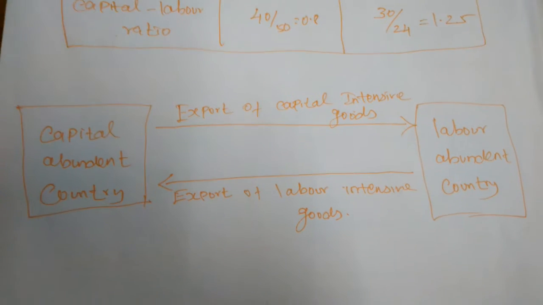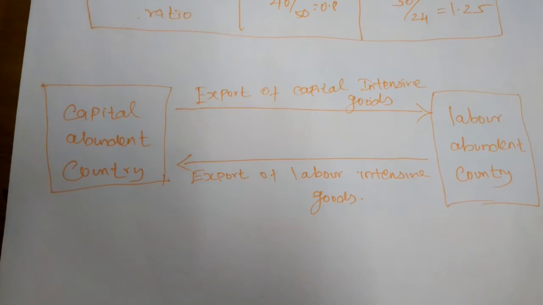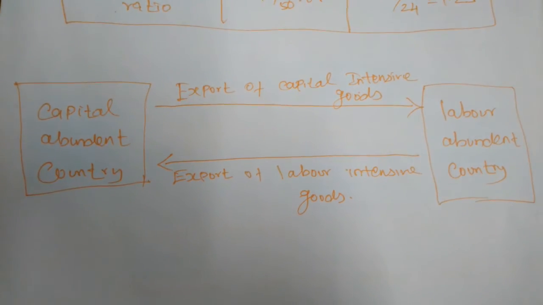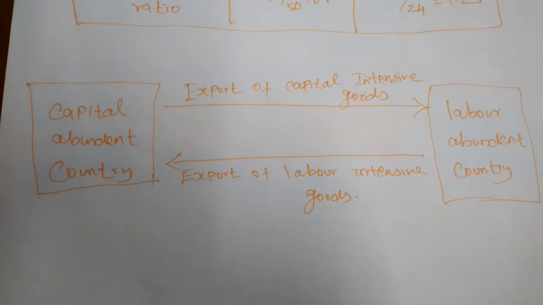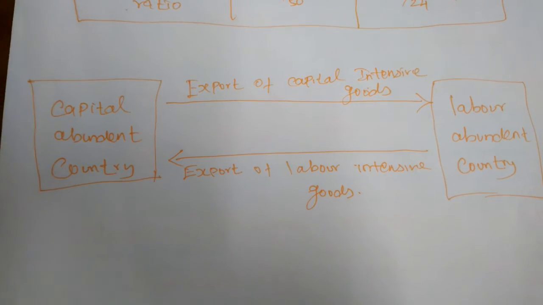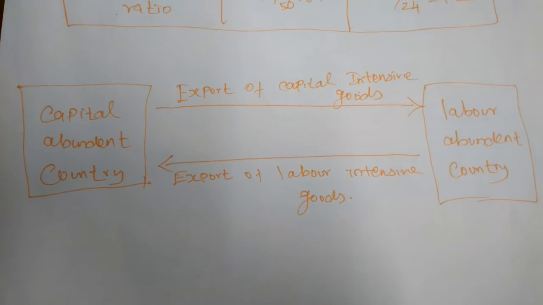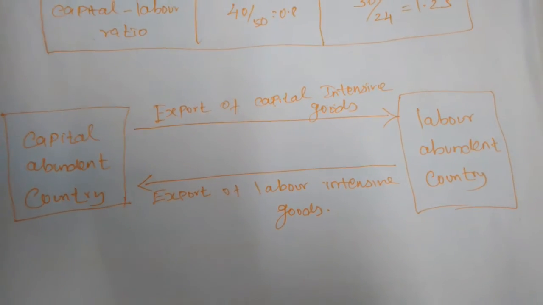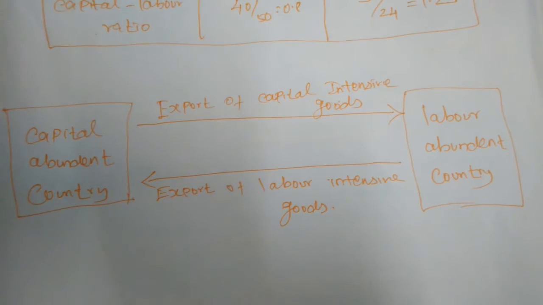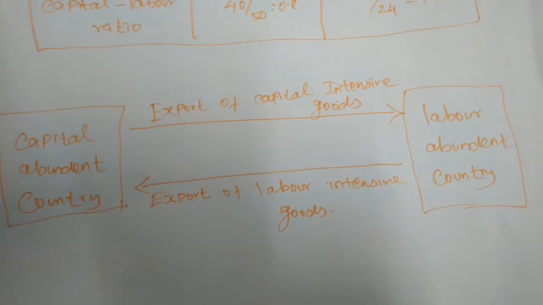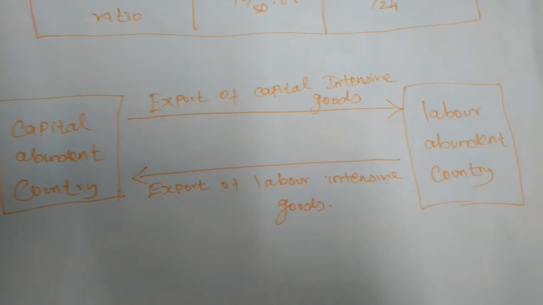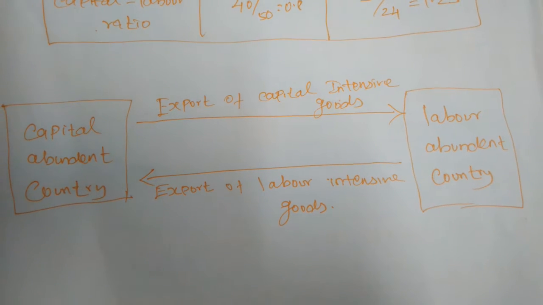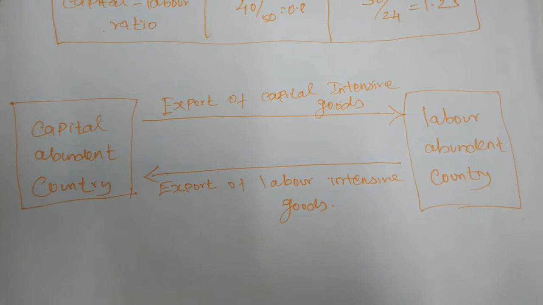In this Heckscher-Ohlin theorem, there are two limitations. What do the limitations mean? The factor endowment of a country may change over time. On the course of time, the factor endowment of a country may change.